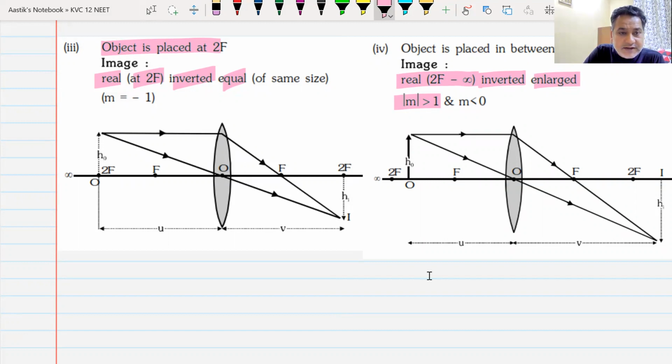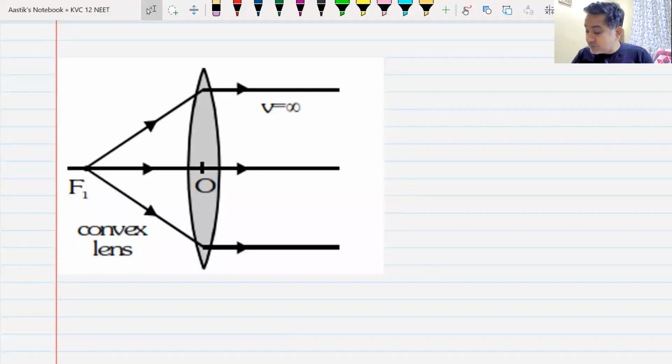What was position number 5? Object placed at f. Which f will I place the object at now? The first principal focus.